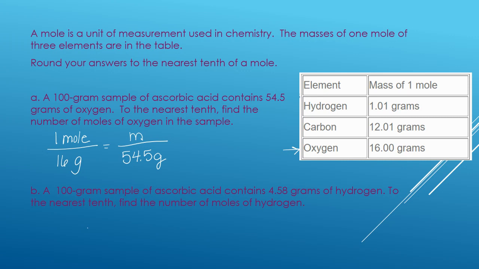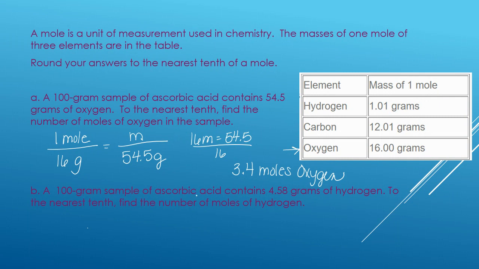I'm simply going to cross multiply. This is what we've been doing. So 16m equals 54.5. Divide that by 16, and I get 3.4. The next digit tells me to leave the same. So I have 3.4 moles of oxygen.